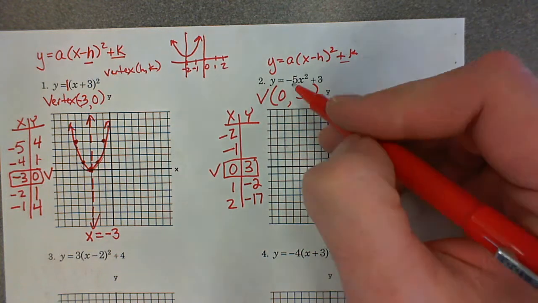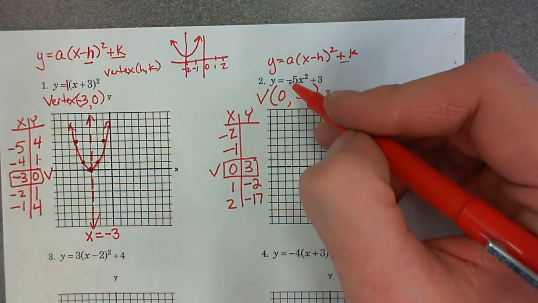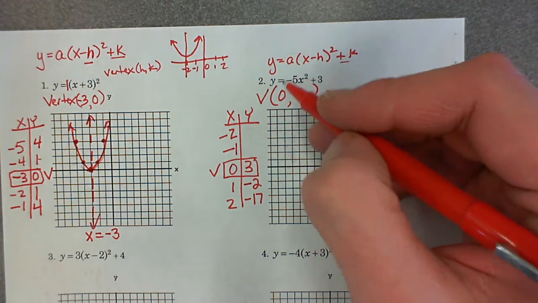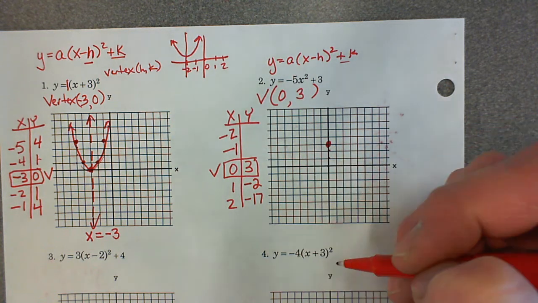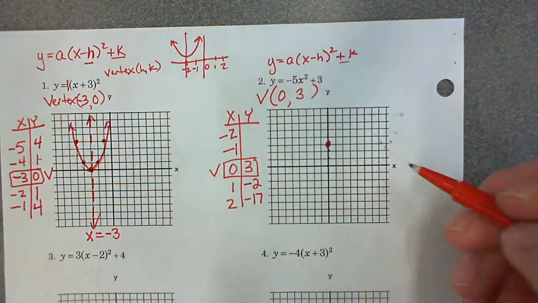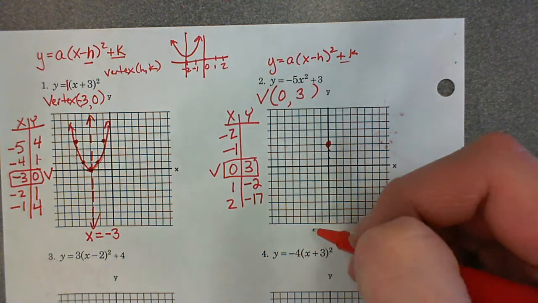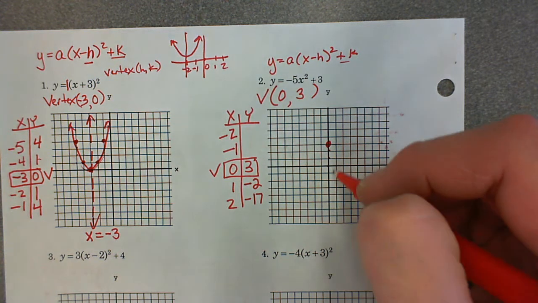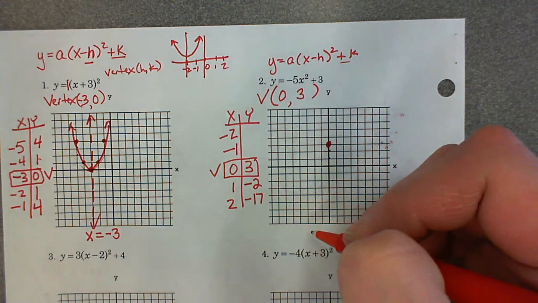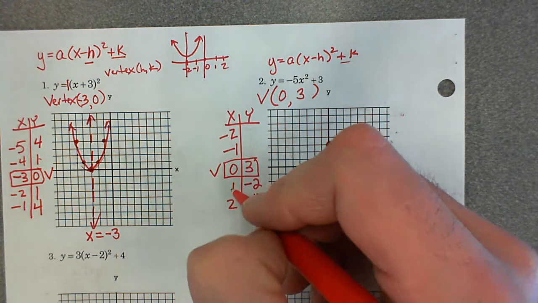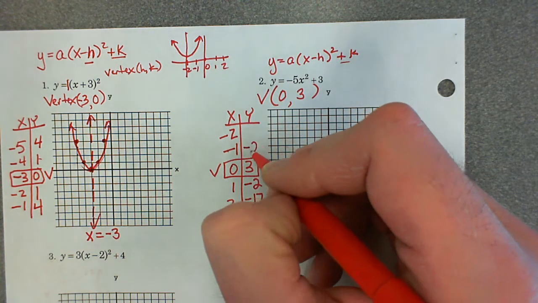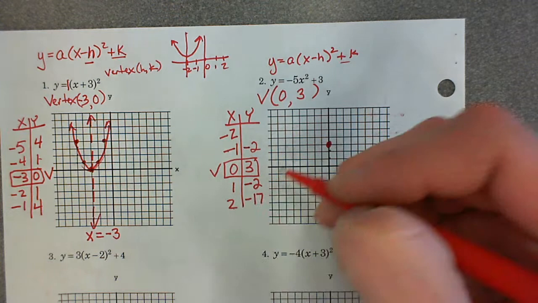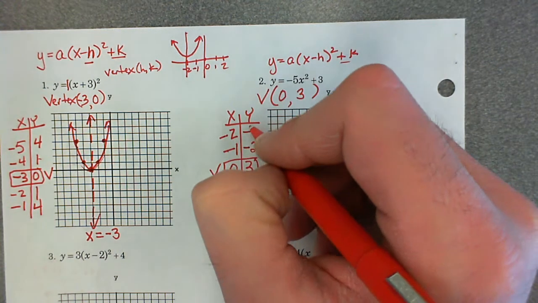Well, let's go back to our equation here. Our a is negative, so it should be opening down, and it looks like we keep getting further and further and further negative. And since this is a 5, this should be really narrow, which means this should go down very quickly. And it does. So if positive 1 is negative 2, then negative 1 here should be also negative 2. If positive 2 is negative 17, then this should be negative 17.